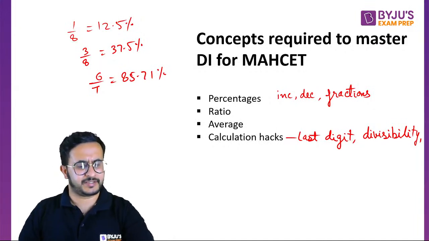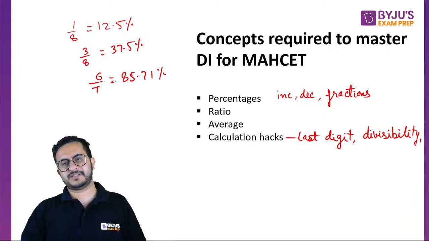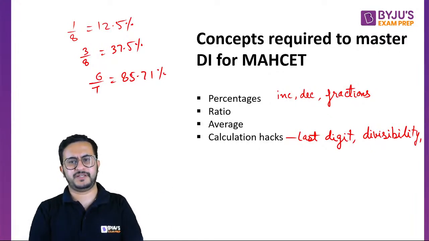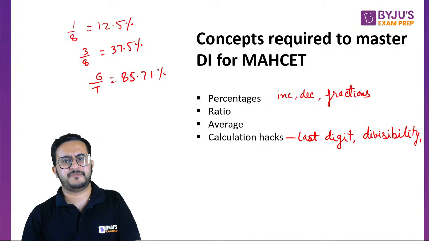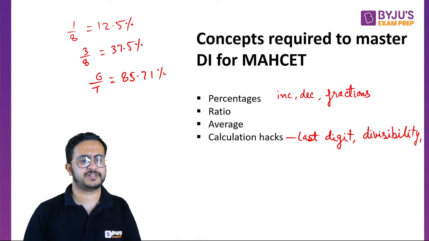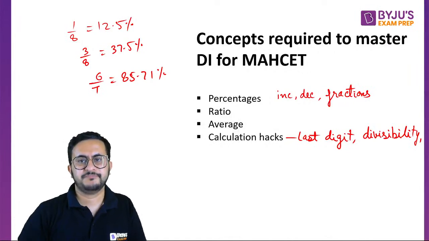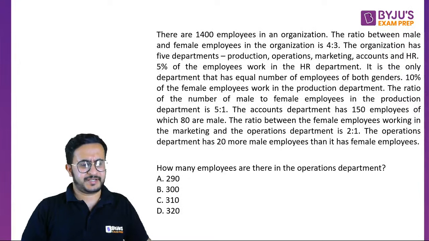It won't be like you have to apply some extra knowledge. Pure calculation based. So these things you need to be clear with. Some fast calculation techniques: how to multiply fast, how to find squares of numbers, and all those things.